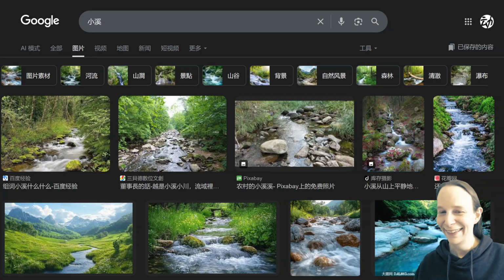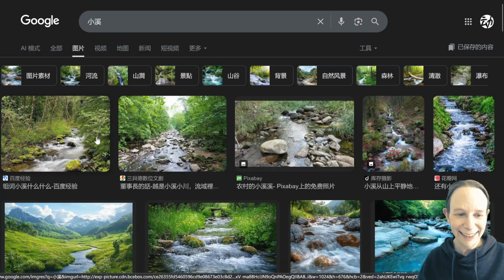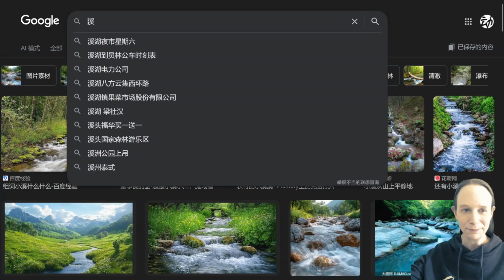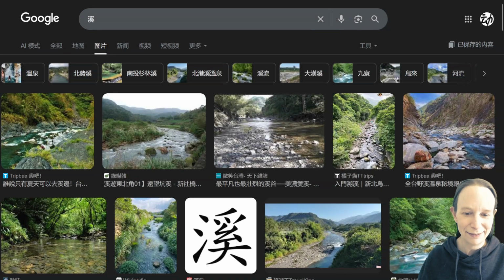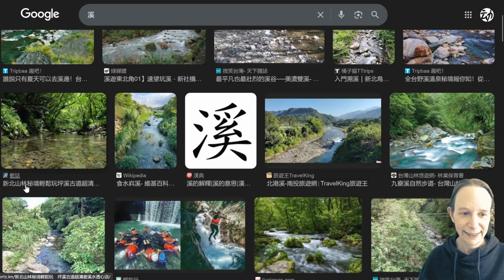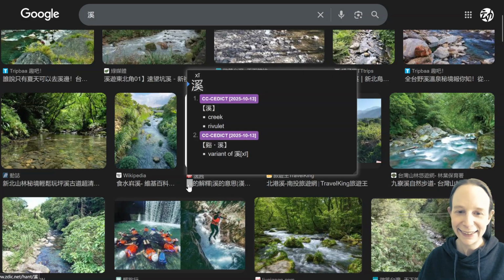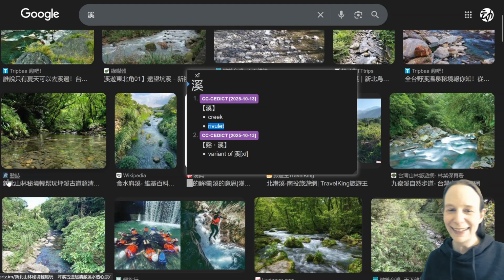No, actually, I didn't know the word streamlet. 小溪. So 溪 is a stream, or maybe 小溪 is a little stream. A streamlet. Rivulet. Is that really a word? All right, a rivulet.